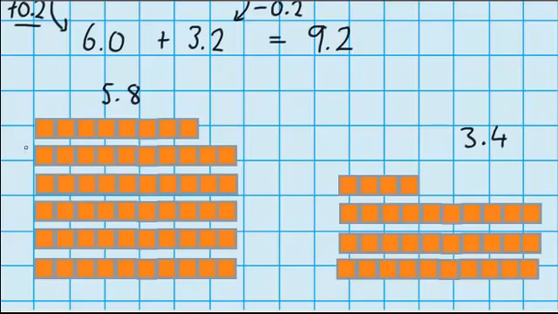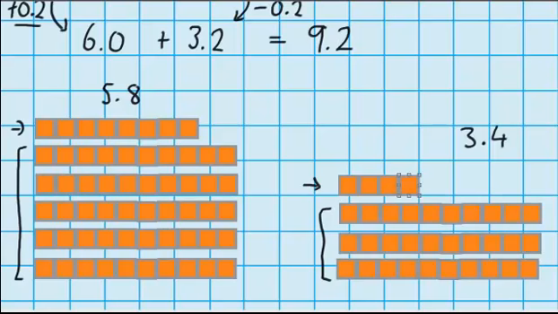You can see here are my 5 wholes, and every one of these wholes is made up of 10 tenths, and here is my 0.8 or 8 tenths. Over on this side you can see my 3 wholes, and again they're made up of 10 tenths, and here are my 0.4 or 4 tenths.